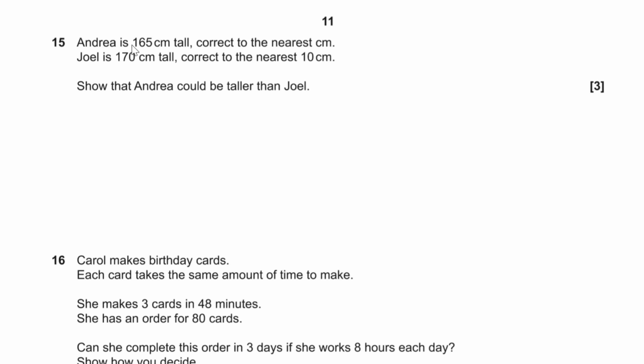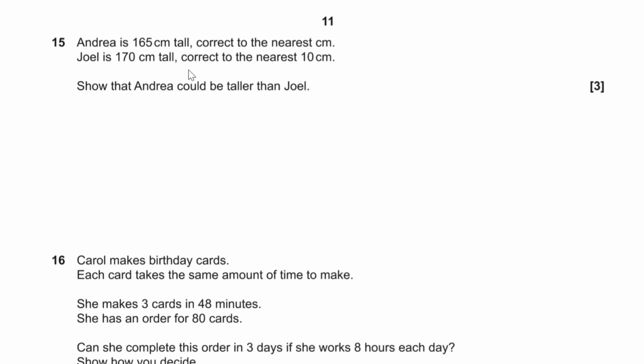Question number 15. Andrea is 165 centimeters tall, correct to the nearest centimeter. Joel is 170 centimeters tall, correct to the nearest 10 centimeters. Show that Andrea could be taller than Joel.